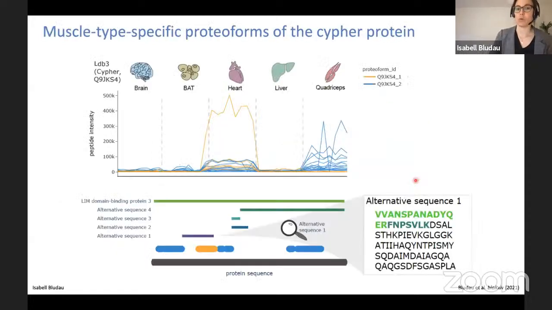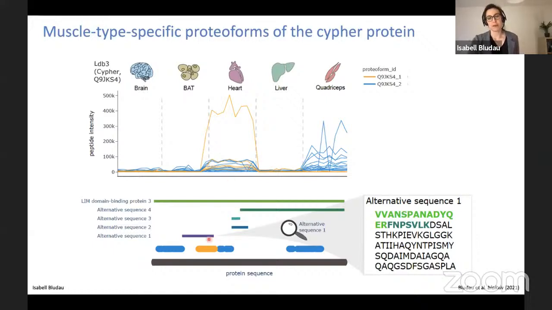So I just want to show one quick example of the cipher protein, and here again you see all of the peptides of the protein and the 2 proteoforms that COPF detected in orange and blue. And what you can see is that, first of all, the protein is very muscle specific. It's only expressed in heart and quadriceps tissue. And the orange peptides are only observed in the heart.